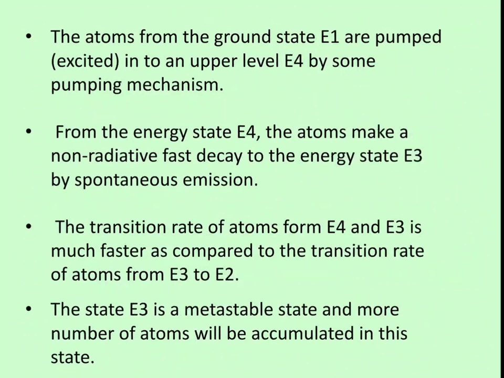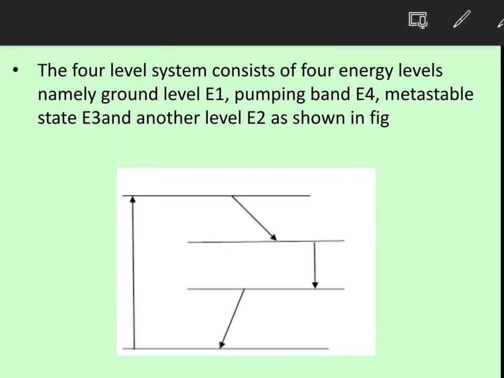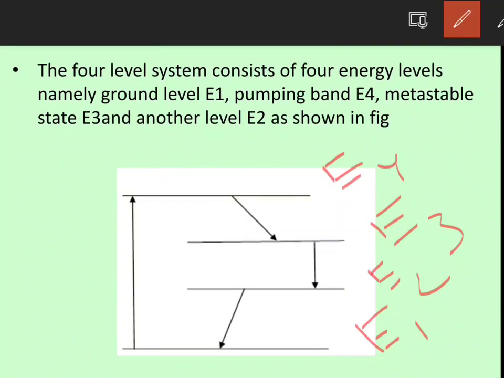So here I will discuss with the help of a diagram also. So here it is E1, it is E2, it is E3, and it is E4. So the atoms in the ground state are initially excited to the E4 energy level, and due to spontaneous emission they jump to the E3 energy level.